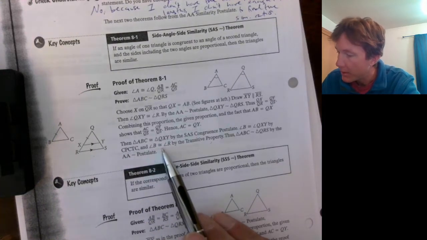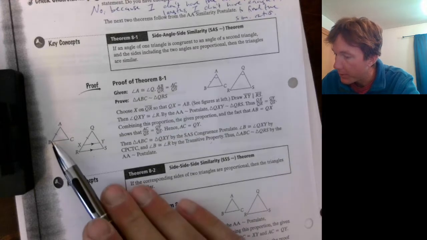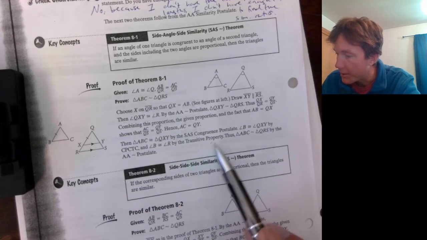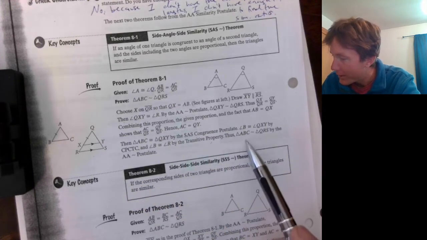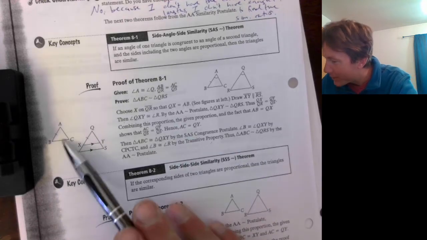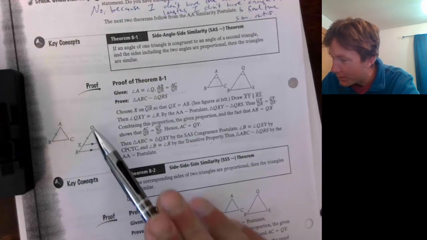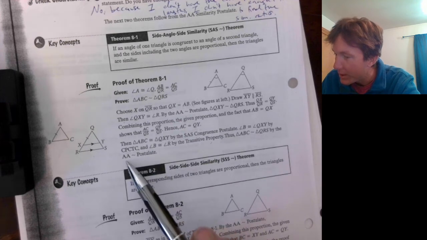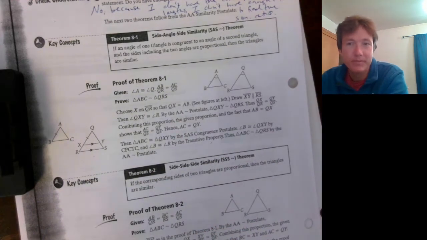And angle QXY is congruent to angle R. Angle B is congruent to angle R by the transitive property. Thus, triangle ABC is similar to triangle QRS by the angle-angle similarity postulate.